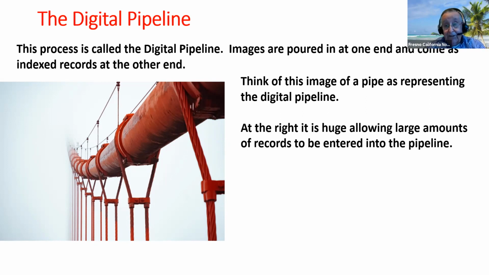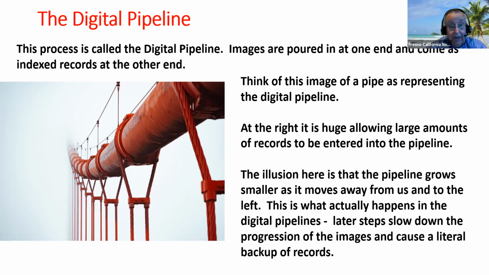At the right end is where FamilySearch can dump in literally millions of images a day. And they do tons of images. The problem is that as those images are processed and go down through the pipe, it tends to get smaller and smaller, and the pipeline backs up.